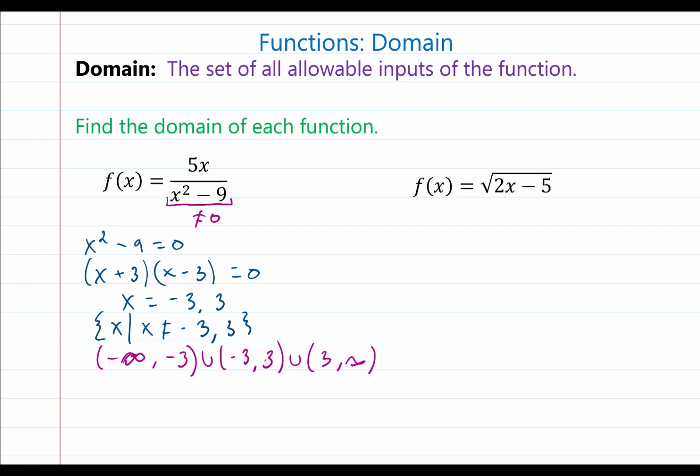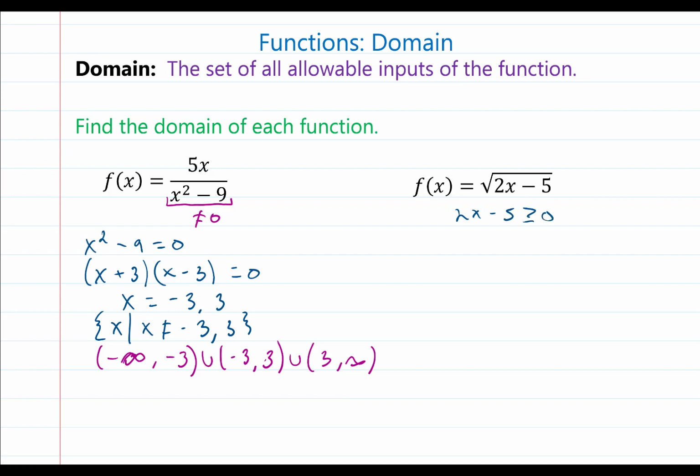Now we go to our second function, where we have f of x is equal to the square root of 2x minus 5. Now what we know is that we cannot take the square root of a negative number. That would result in an imaginary number or a complex number. So what we know is that the expression 2x minus 5 must be greater than or equal to 0.